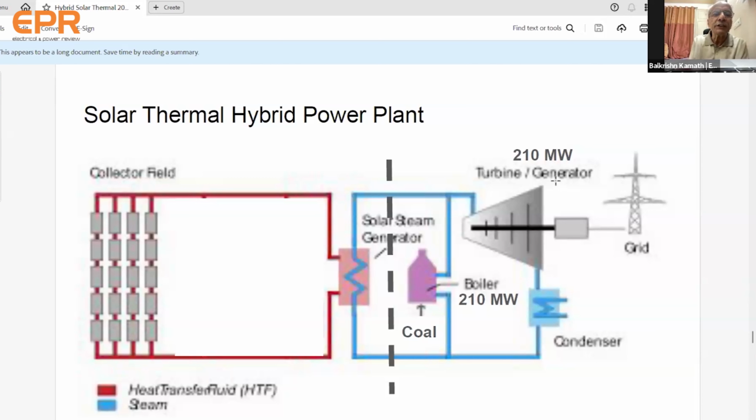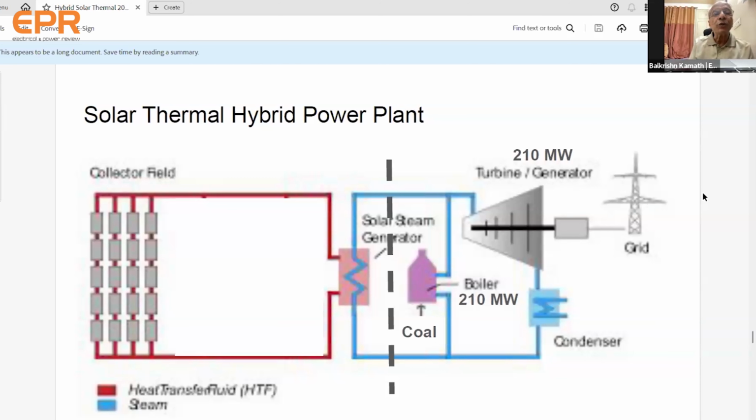Left of that has been commissioned now with the turbine of 200 megawatt, which is 210 to be specific, which was already there. So it is a hybrid project, the solar part has been added onto the unit, and the solar component has been installed in an empty land near the unit.